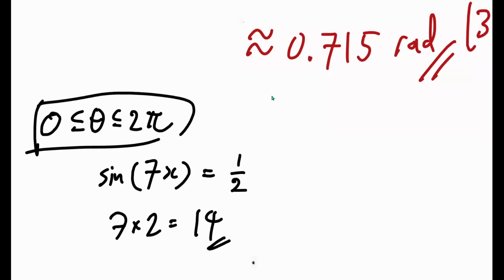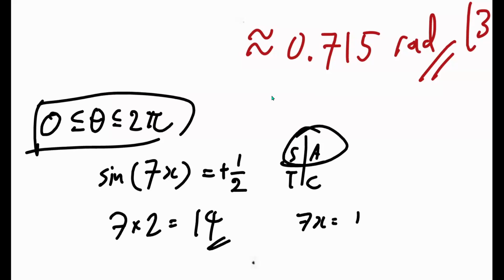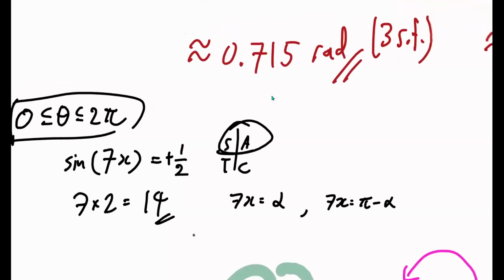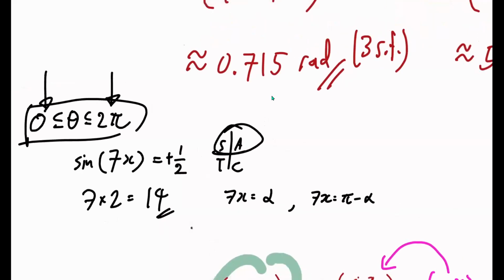There will be 14 answers. Why? Because this is positive, then ASTC, you will be in quadrant 1 and quadrant 2. So 7x equals alpha, and 7x equals pi minus alpha. But guaranteed, if it is 0 to 2 pi and the coefficient is a positive whole number, like 7x, you will have 14 answers. Here you only got 2 answers.